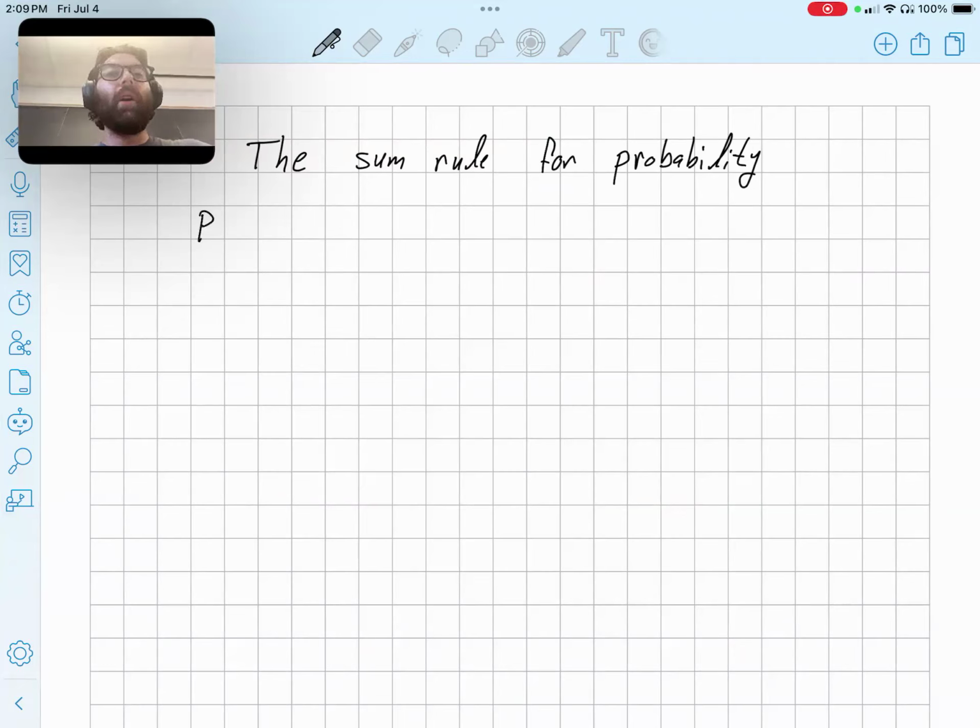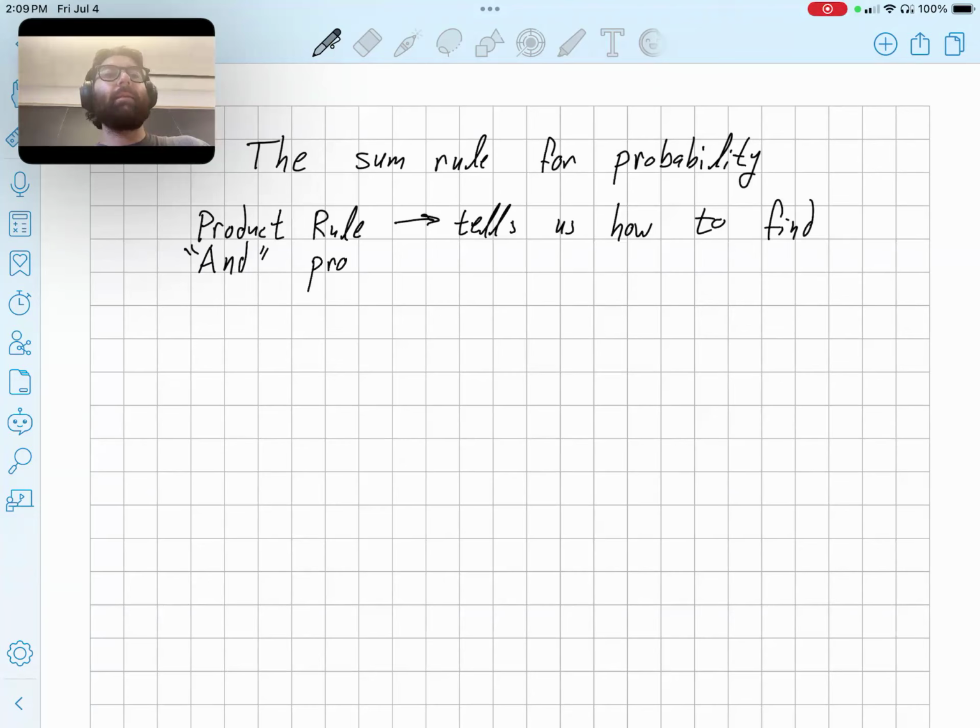So the product rule for probability tells us how to find "and" probabilities.